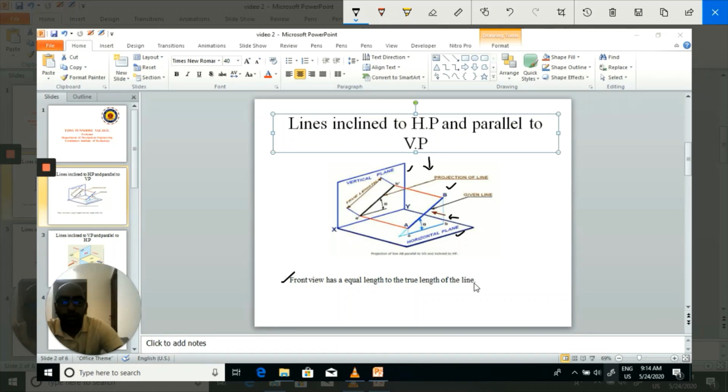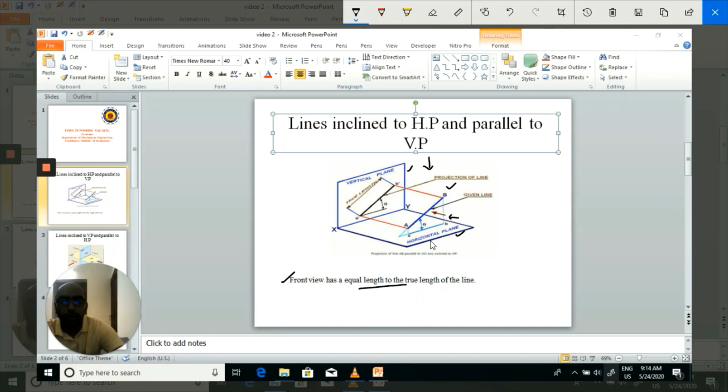That is, the front view A dash B dash, which is on the vertical plane, will give the true length of the line AB. But the top view, which is on the horizontal plane, will not give the true length of the line.